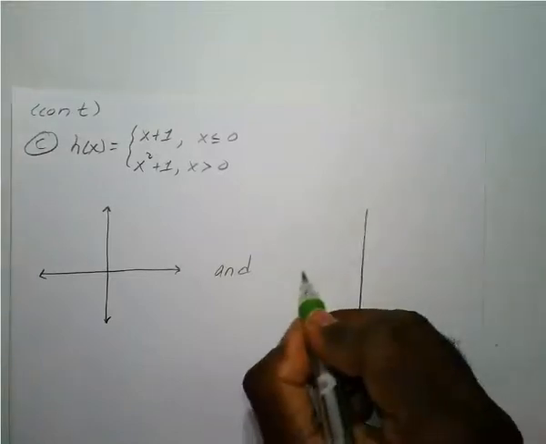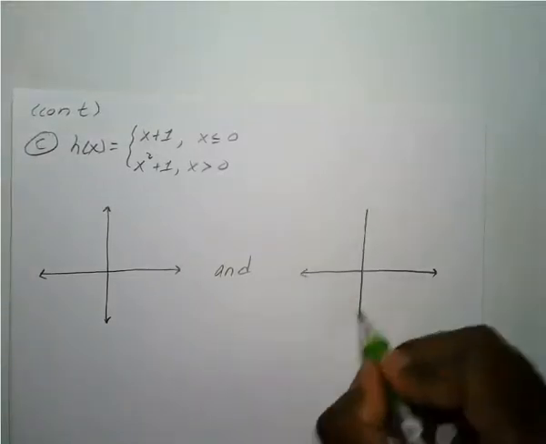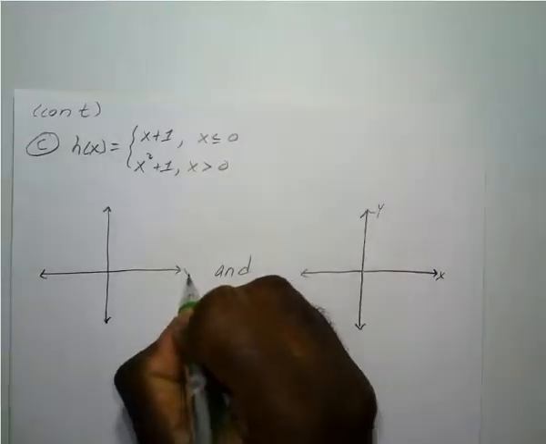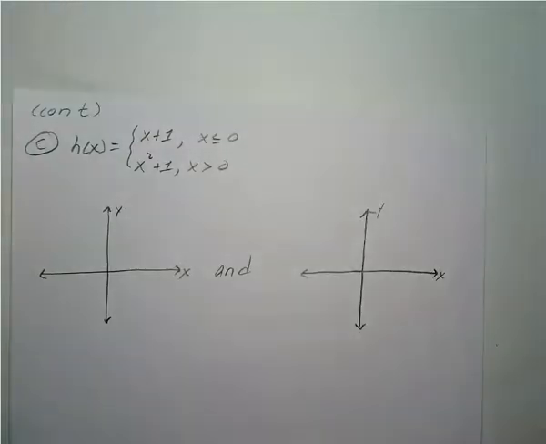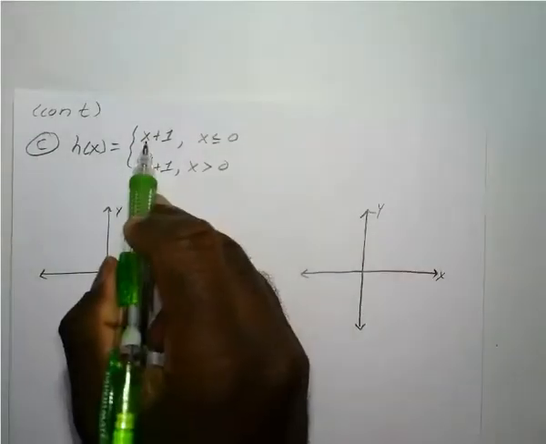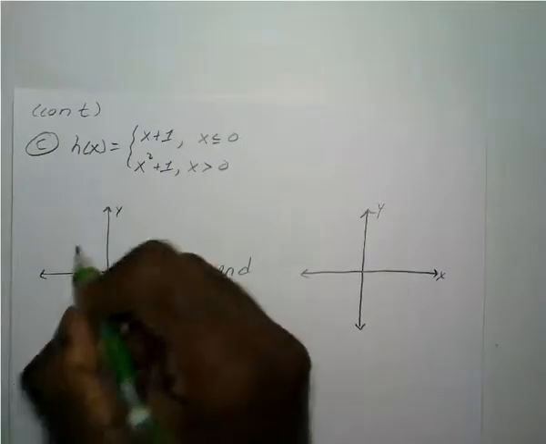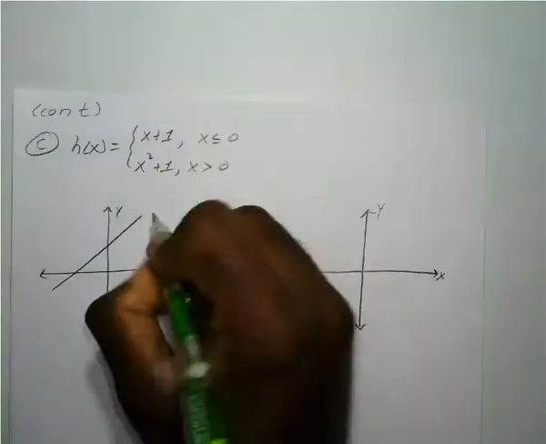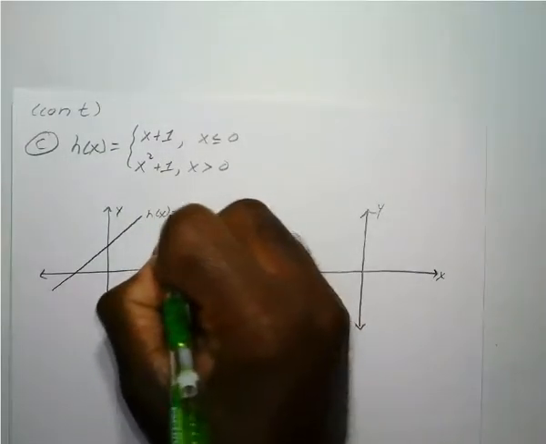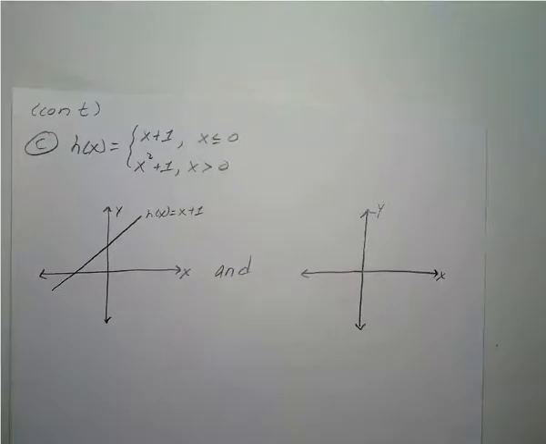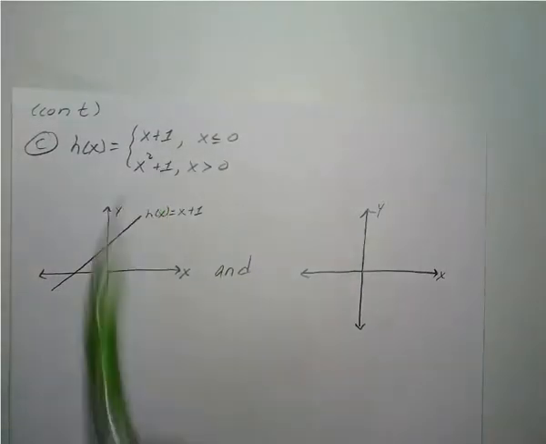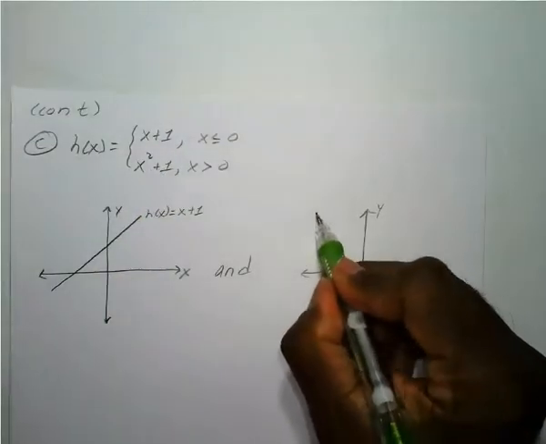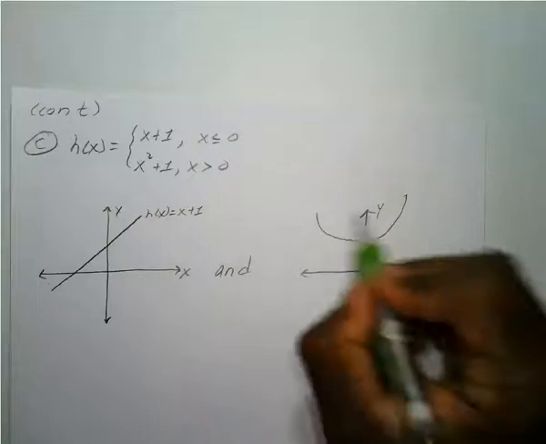Draw our two x and y axes. So we have our x and our y here, and we have our x and our y there. Now, our x plus 1, that looks like this. H of x equals x plus 1. Our x squared plus 1 will look kind of like that.